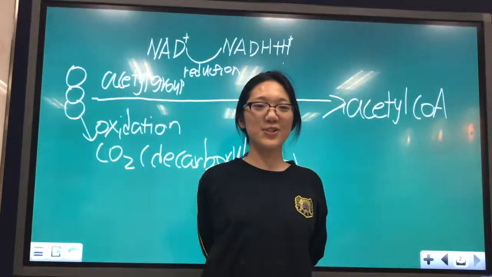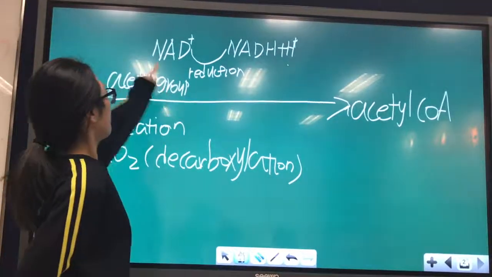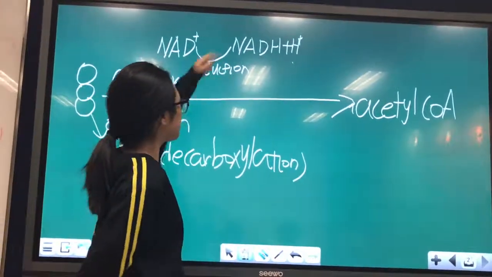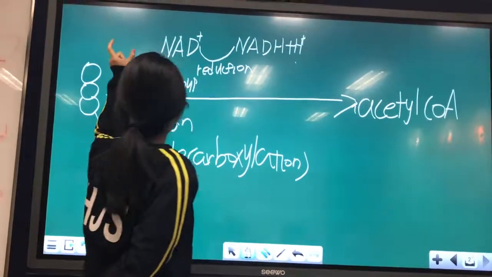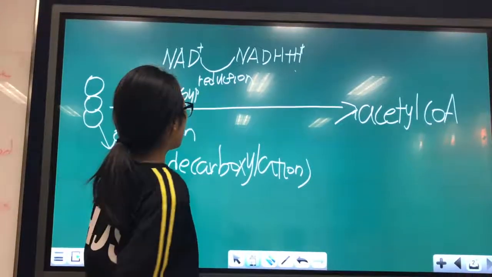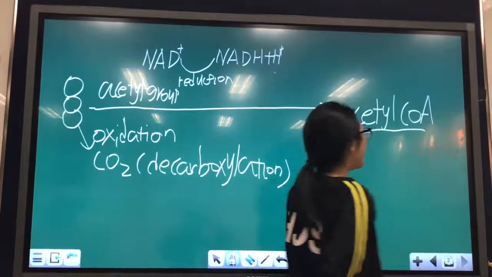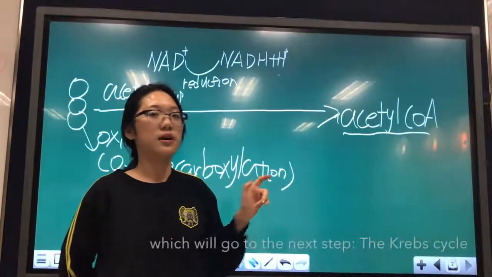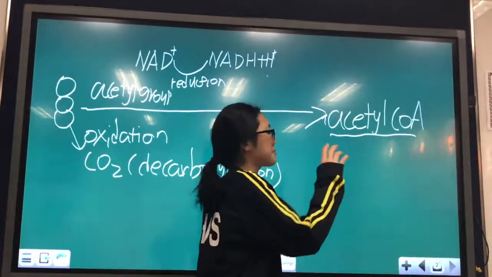The other 2 carbons compound with an acetyl group, and the NAD plus becomes NADH plus H plus, and the acetyl group combines with coenzyme A to become acetyl coenzyme A, which will go into the next step, the Krebs cycle.